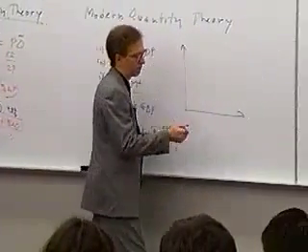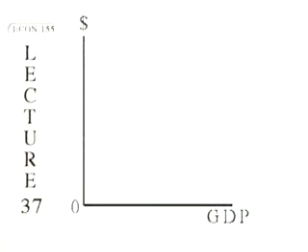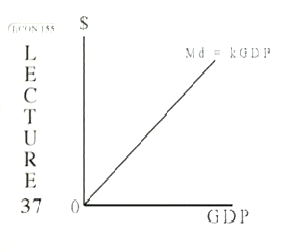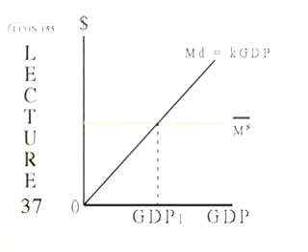Let me fix up this picture. What we have is an equilibrium level of GDP right here, GDP1. And then what we said was, if there's a change in the money supply to MS2, then equilibrium GDP will rise.